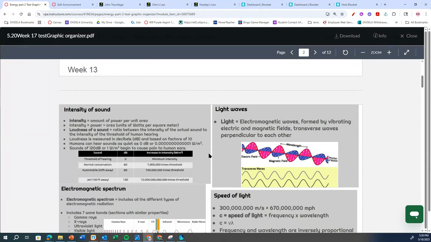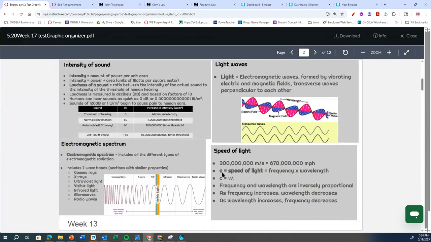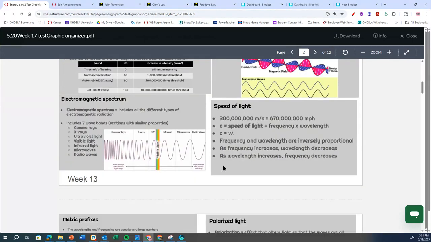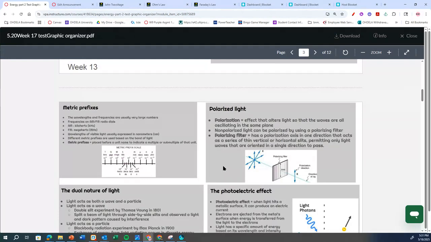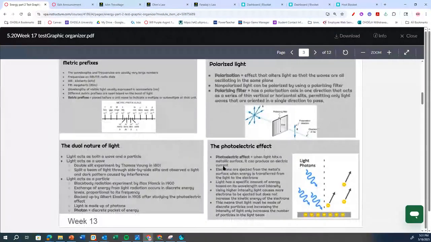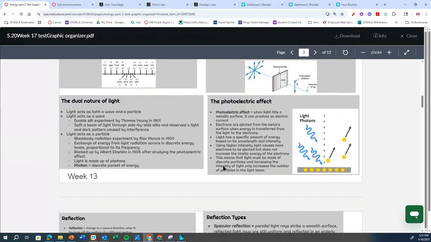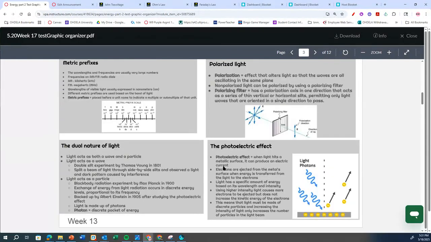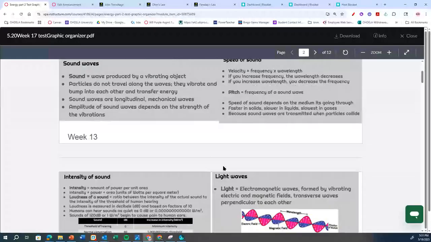The intensity of sound, the speed of light, 3 times 10 to the 8th. Visible light, prefixes, polarizing light, photoelectric effect, dual nature of light. Okay, I think we've got all the particular notes there.